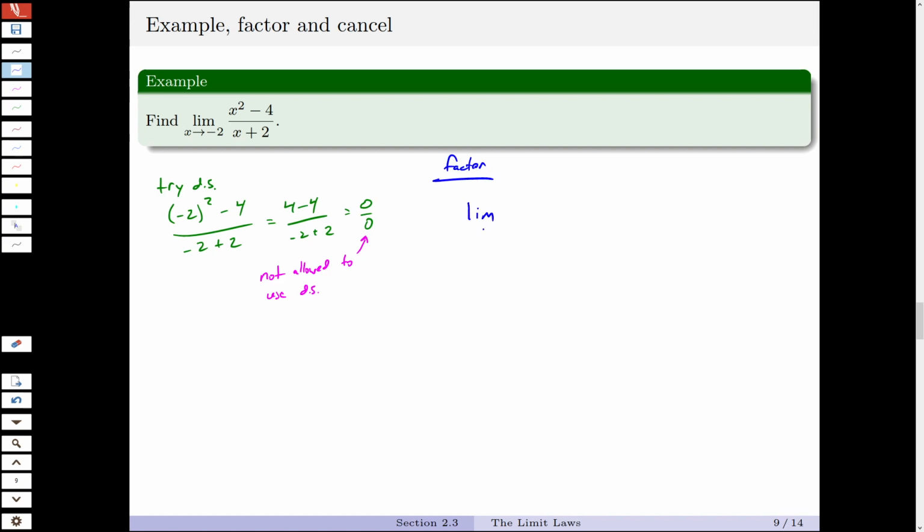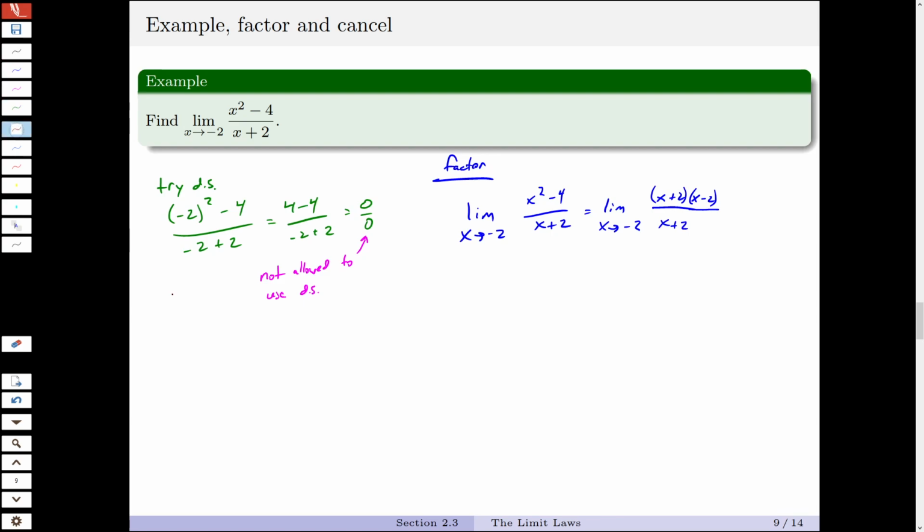I'm going to start with my limit, again, fresh. I can factor the numerator. The denominator is already as simplified as it can get, right? X plus 2 can't really be factored any further. But the numerator can be factored into x plus 2 times x minus 2, the difference of squares.